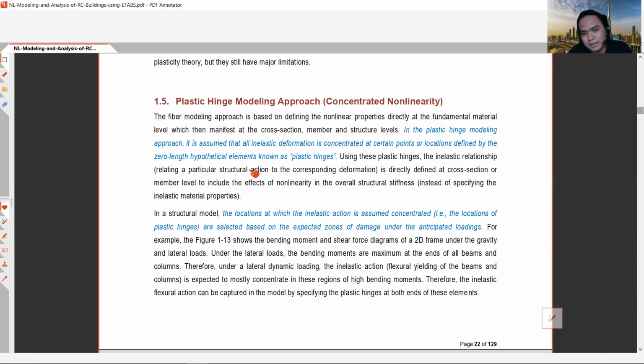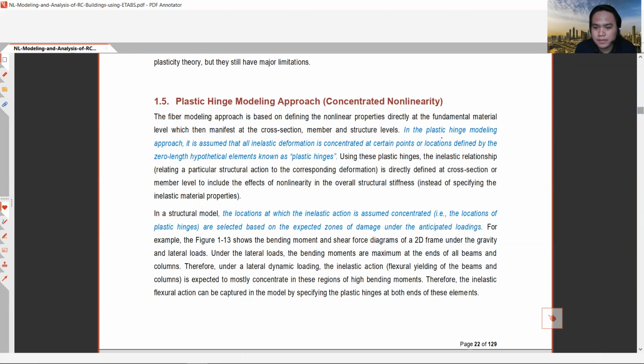So we will be assuming na yung inelastic deformation is at the plastic hinges lang. Okay?